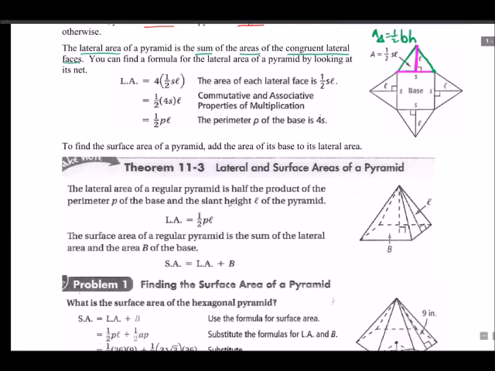Well, the length of the base is the length of one side of the base of the pyramid. So the area of this triangle is 1/2 the length of the side of the base times the slant height of the pyramid.